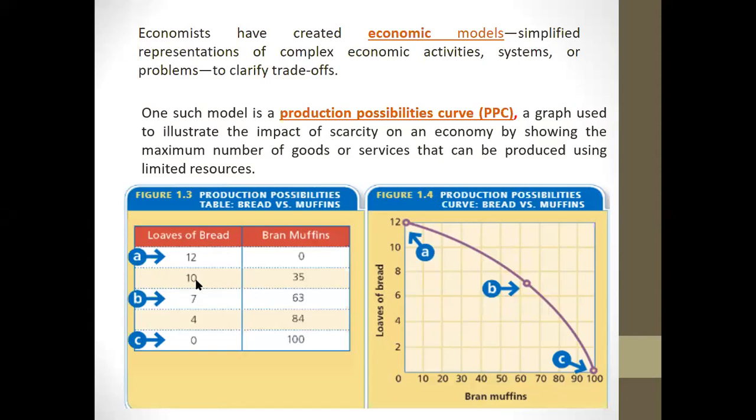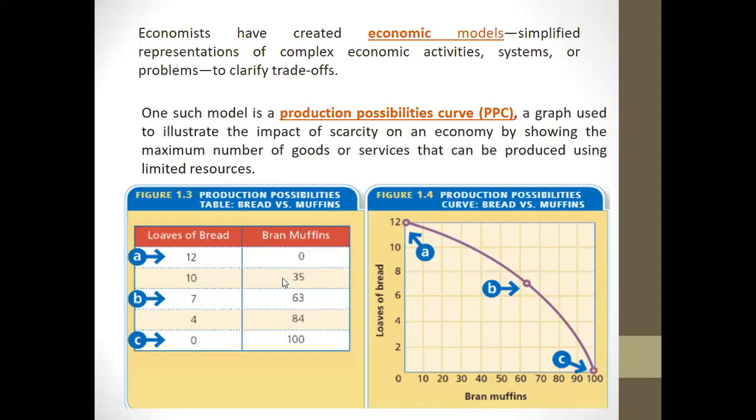So if you want to produce more muffins, you need to go from 10 to 3. That means your marginal cost is you lose 3 loaves of bread, but you gain, going from 35 to 63.